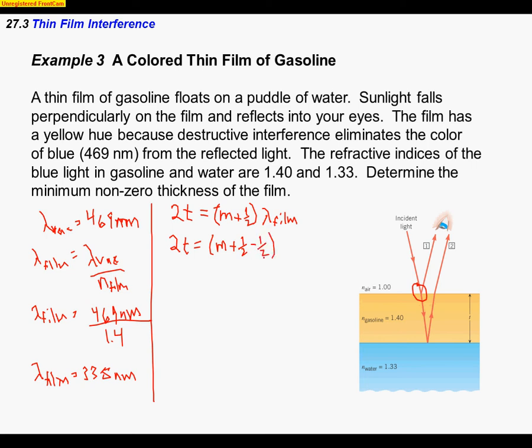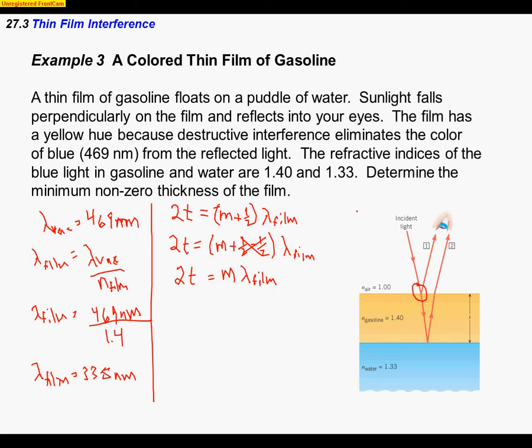So this minus half wavelength is accounting for the phase change at the one boundary. So then, of course, these cancel each other out, and we wind up with 2 times the thickness must equal an integer number of wavelengths.